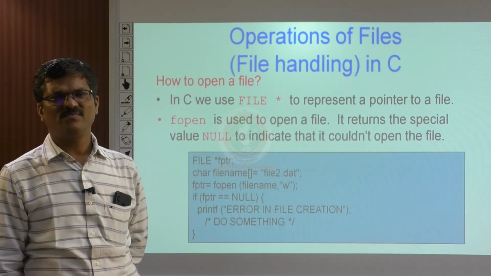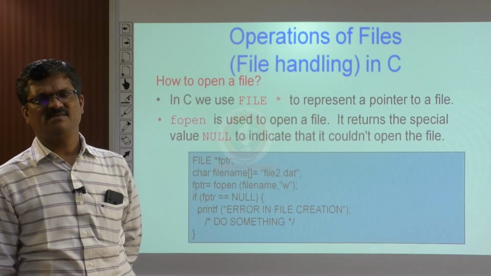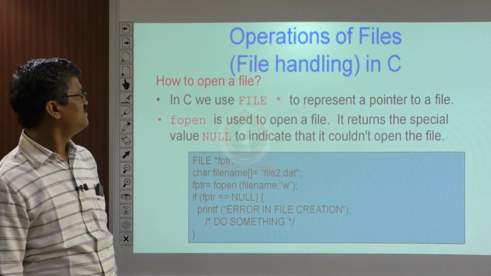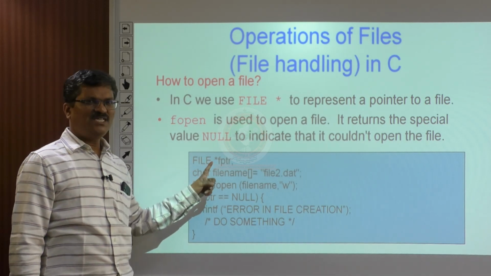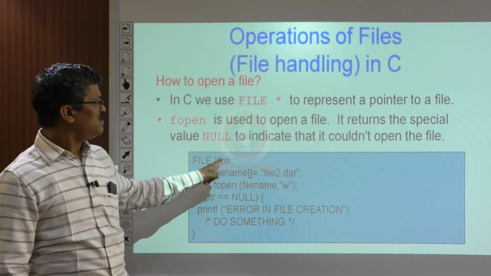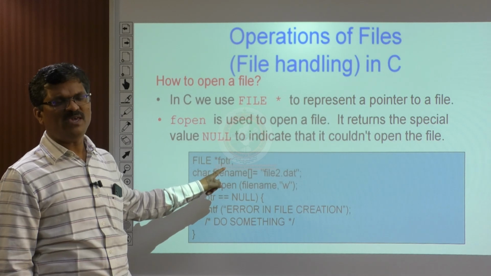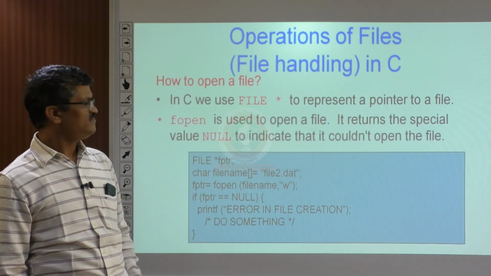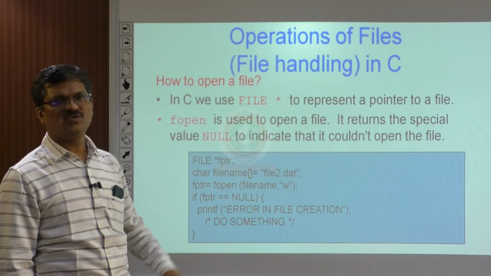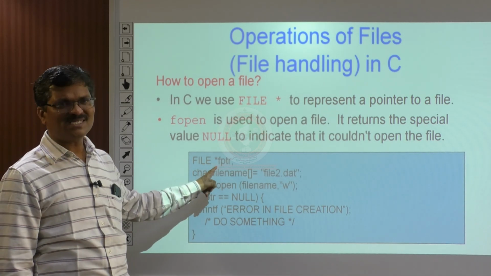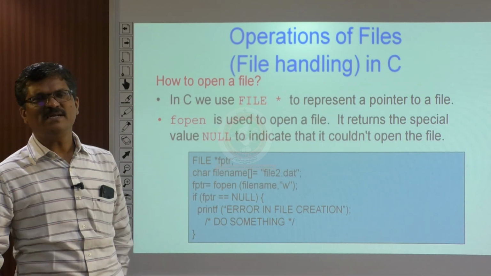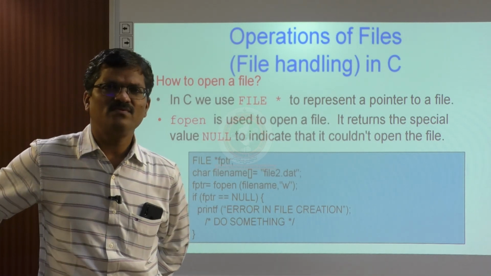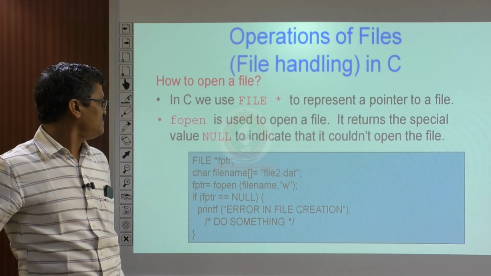So, this is some sample code to open a file. We declare one pointer which will hold the address of a file returned through fopen. FILE star fptr: fptr is a pointer of type FILE.